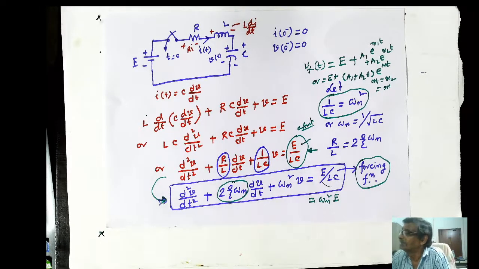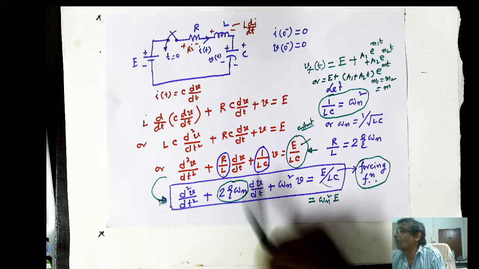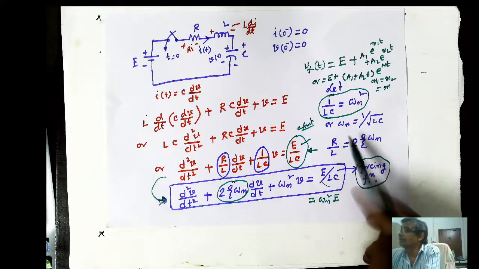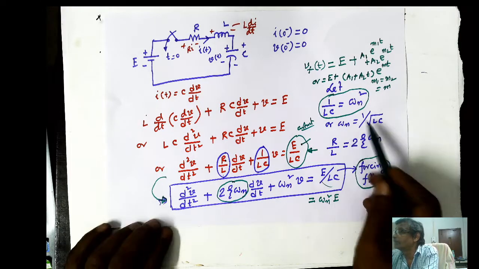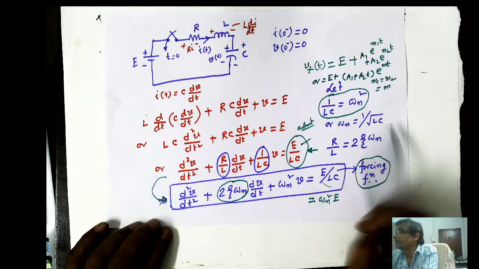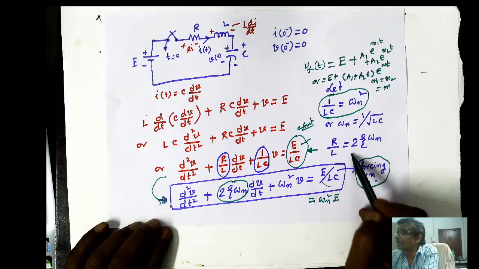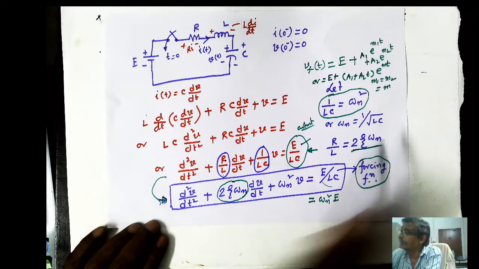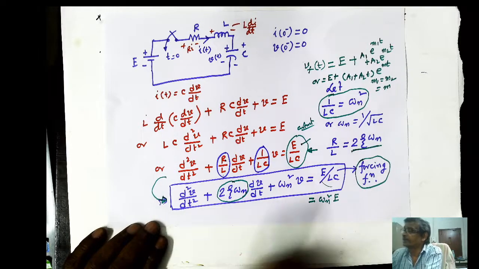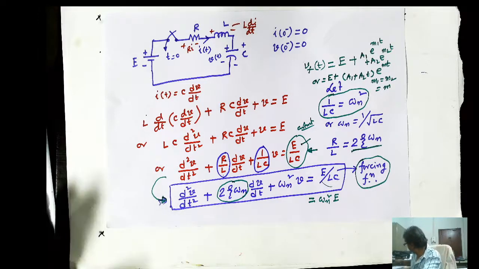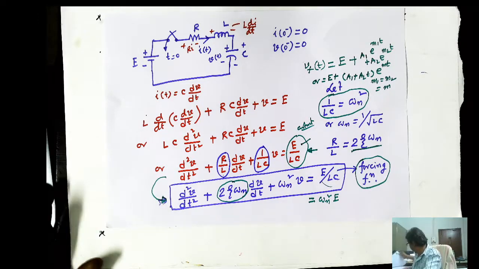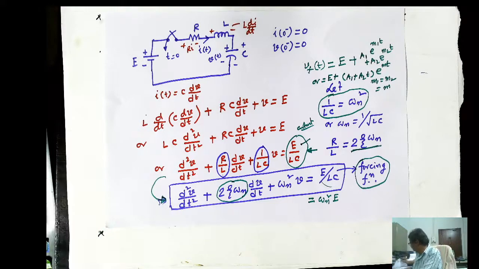I am not doing anything wrong here. So I am translating these two coefficients in terms of two other unknown variables: one is omega n equal to 1 by root over LC, another is R by L equal to 2 zeta omega n. Then this equation will look like this.